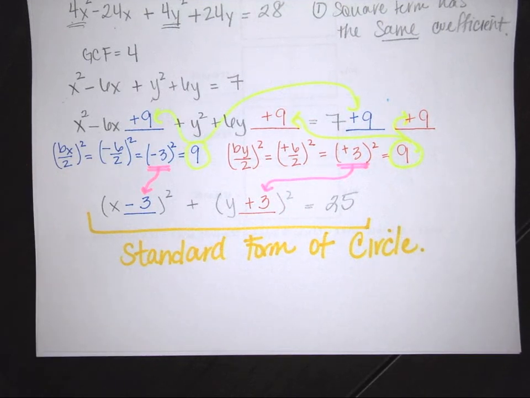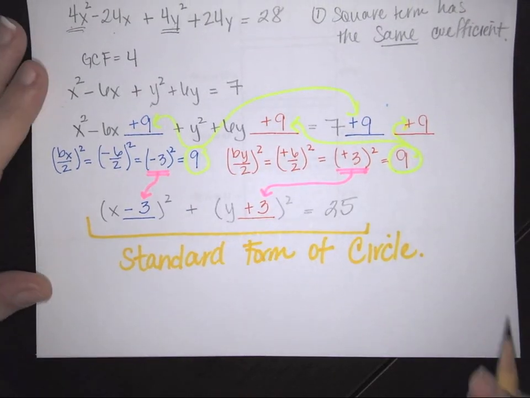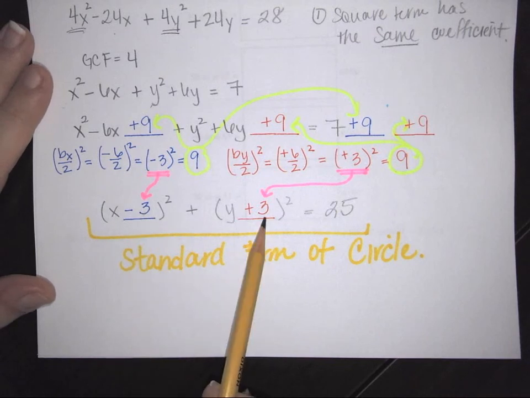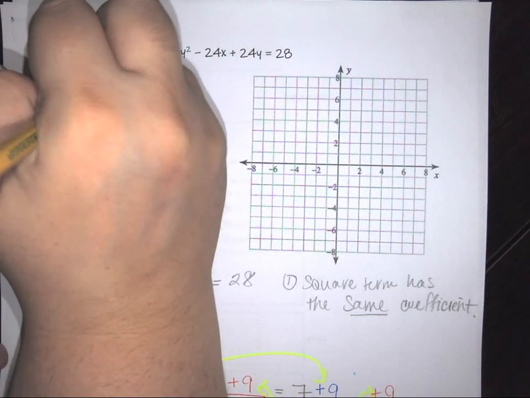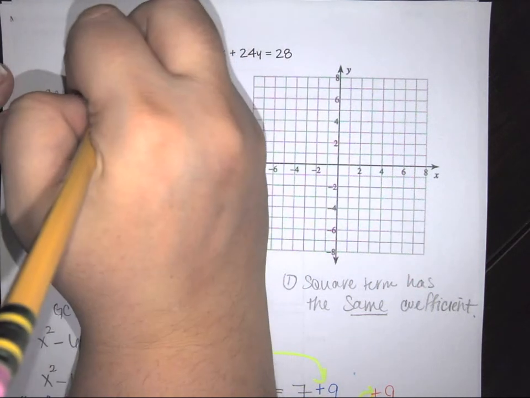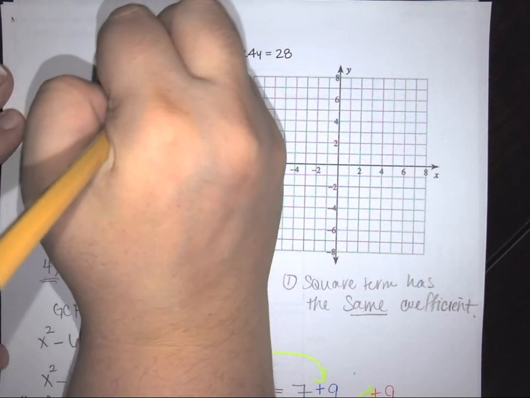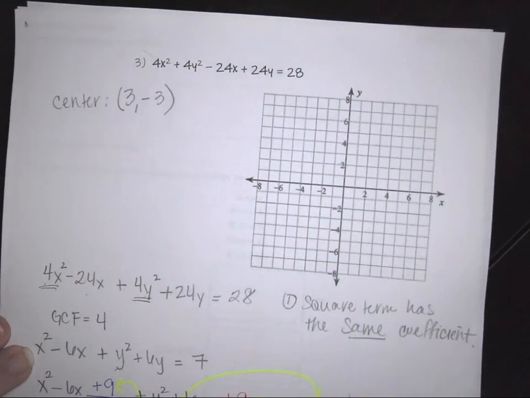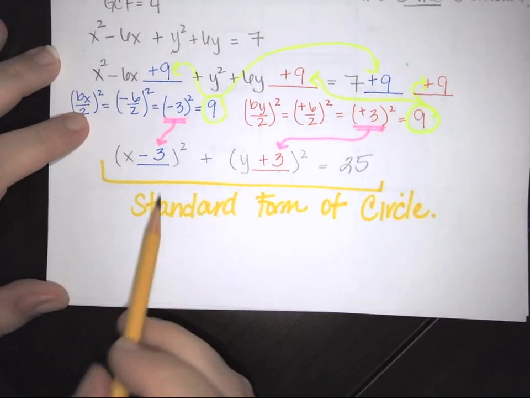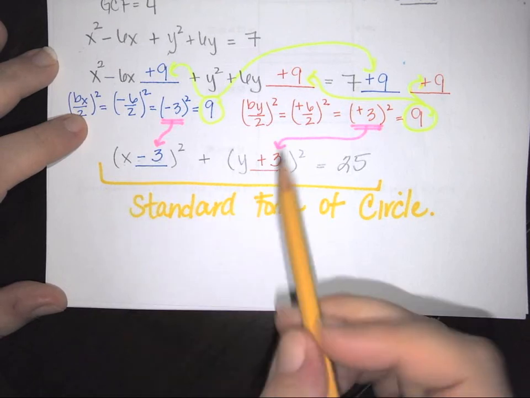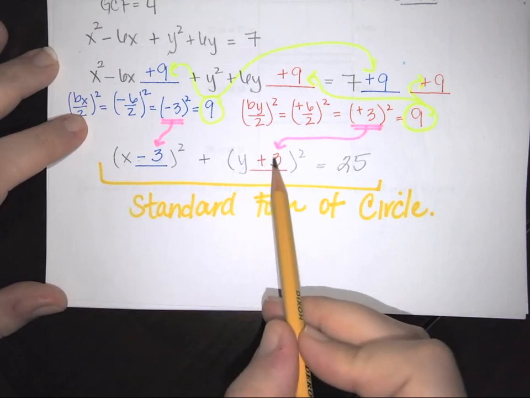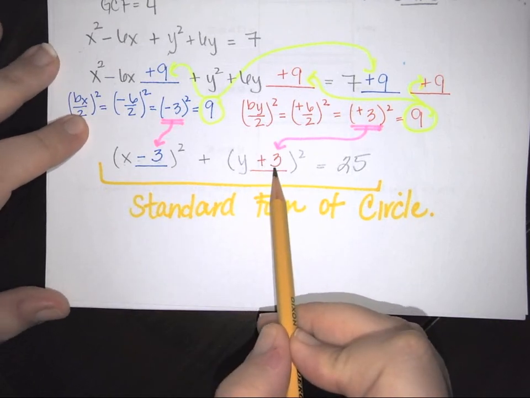From this form we can actually pull out the important information. So my center is (h, k). Here my center point is going to be the point (3, -3). Now you need to remember it is x minus h, so h is positive. Y minus k makes k positive.